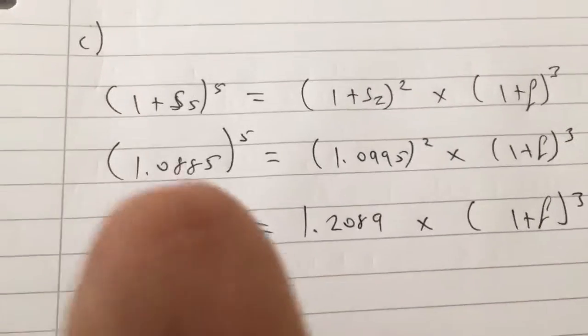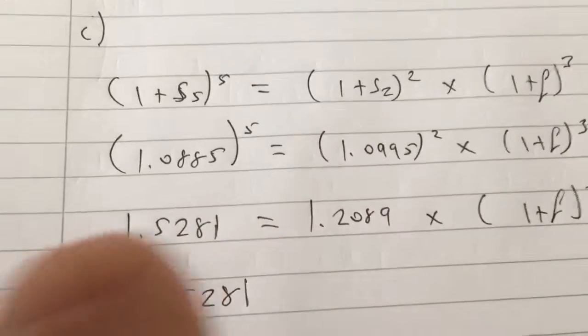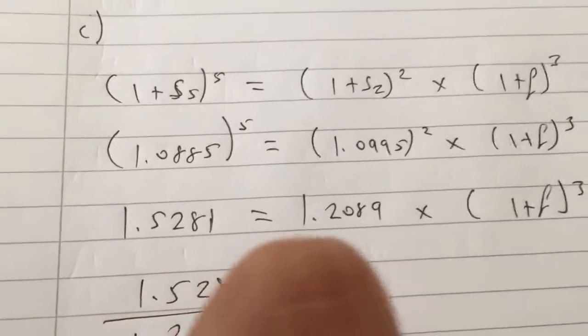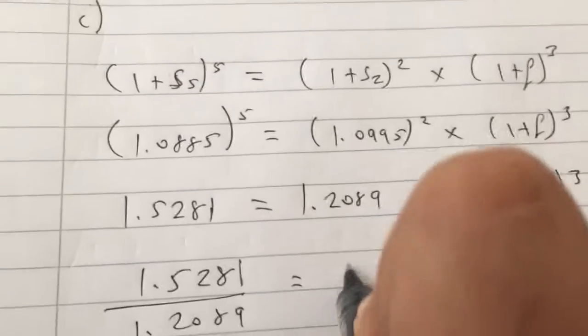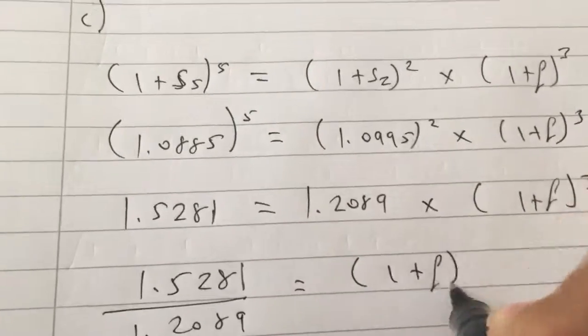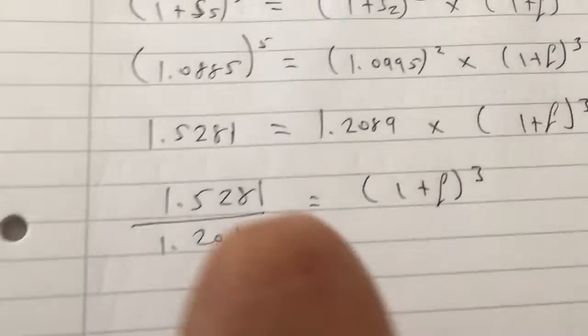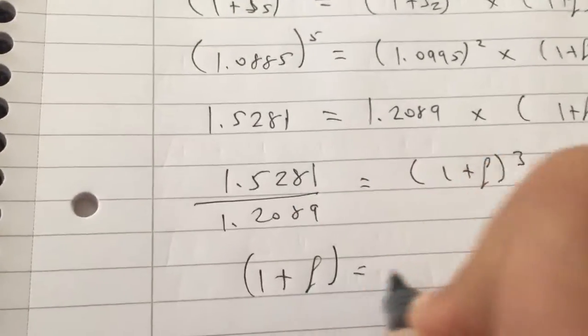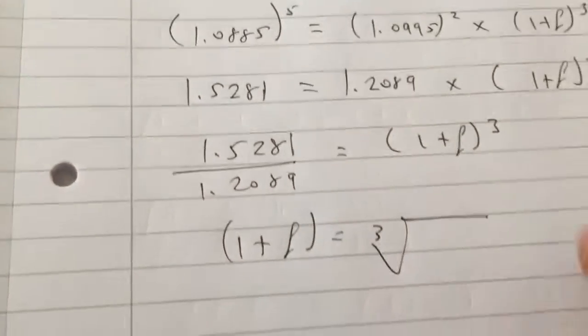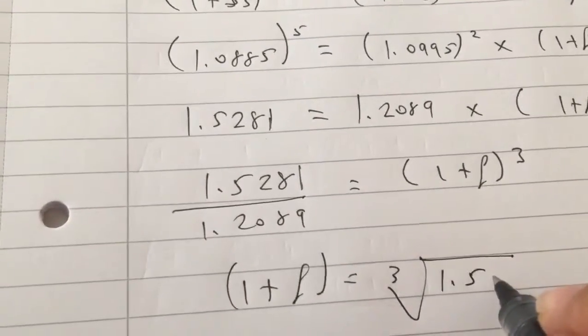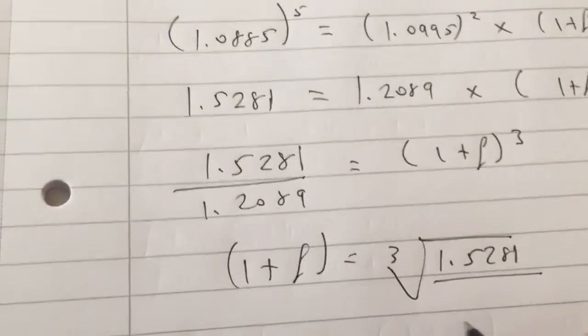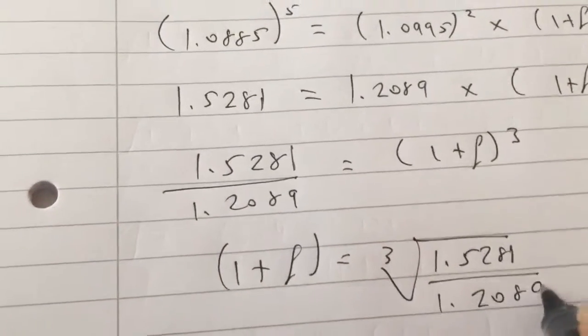So 1.5281 divided by 1.2089 equals 1 plus F to the power of 3. That means 1 plus F equals the cube root of 1.5281 divided by 1.2089.